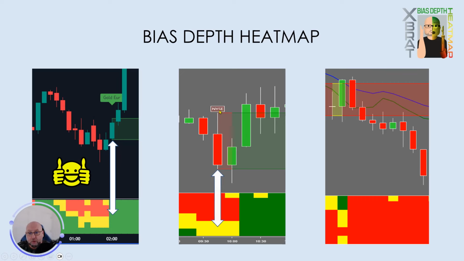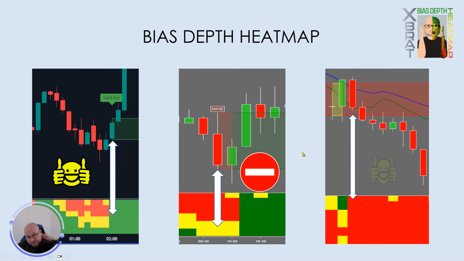Conversely now, we get a New York Stock Exchange open. The bias is defined as red, as you can see on the chart, but on the BIAS Depth Heatmap, 2 of those 6 time frames are neutral. We simply don't take the trade, and this is what happens. It does go down a little bit, but then it reverses.